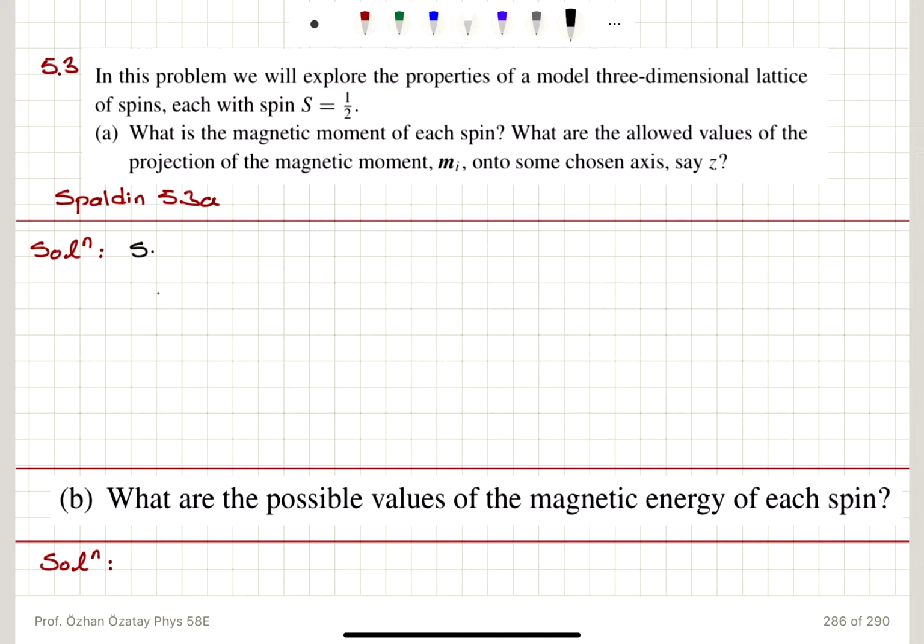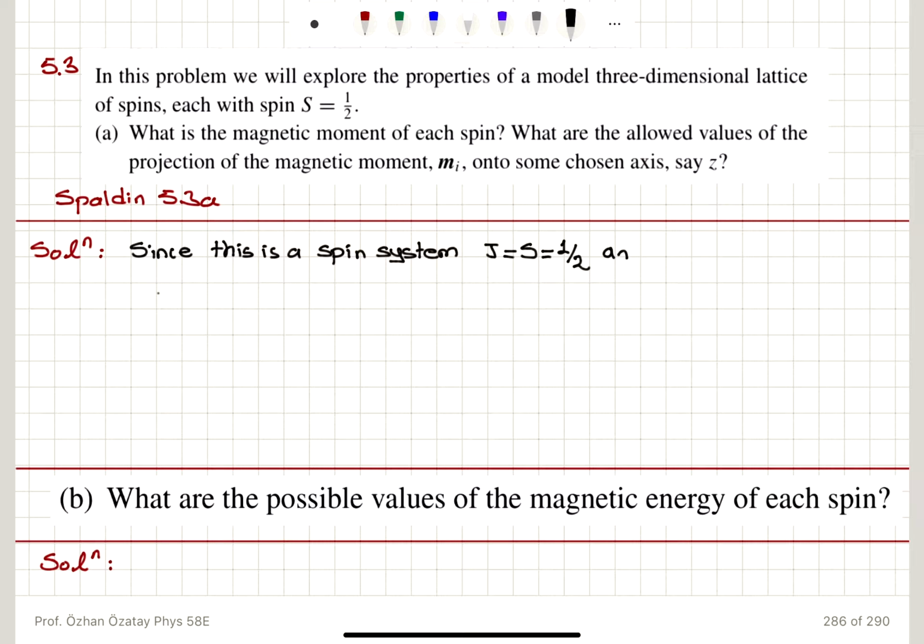So since this is a spin system, we have J, the total angular momentum quantum number, equal to capital S, the spin quantum number, which is 1/2.